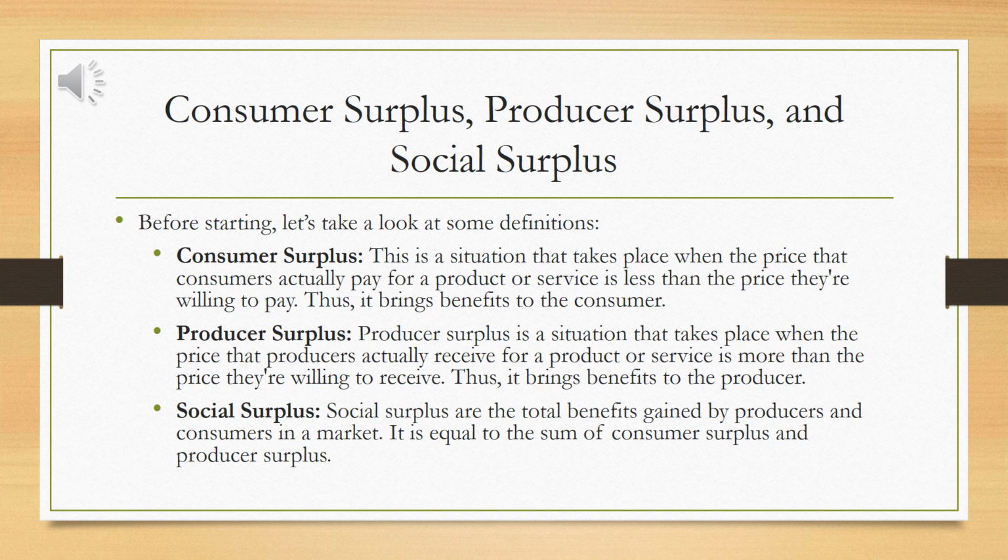Producer surplus is a situation that takes place when the price that producers actually receive for a product or service is more than the price they're willing to receive. Thus, it brings benefits to the producer. Social surplus is the total benefits gained by producers and consumers in a market. It is equal to the sum of consumer surplus and producer surplus.